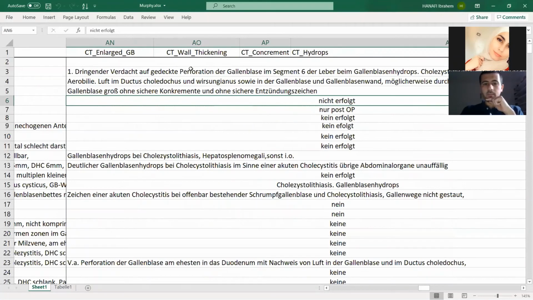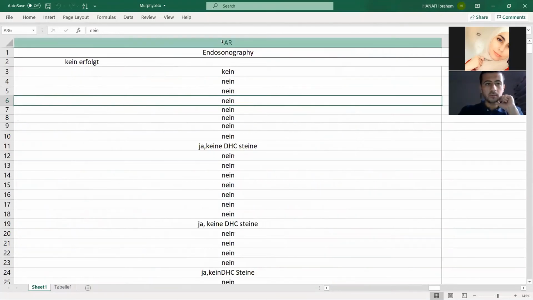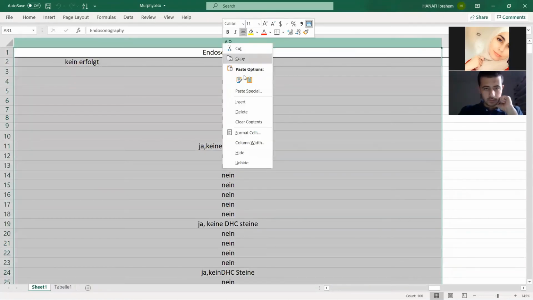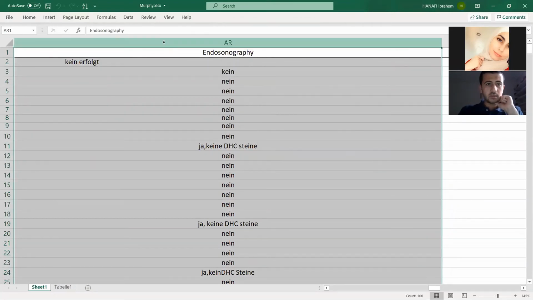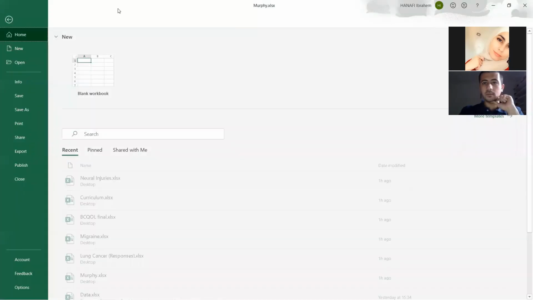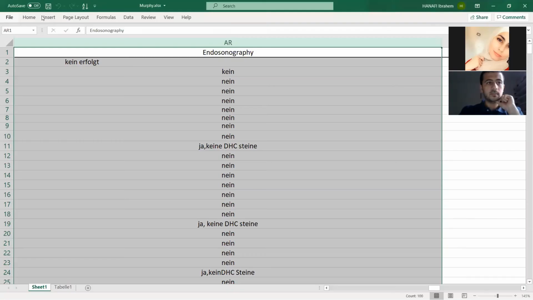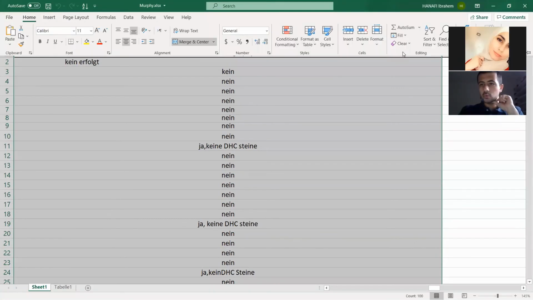Here, we tell Excel to do sorting. I will sort it from A to Z. The sorting tool is truly important, it will be your hand and leg.